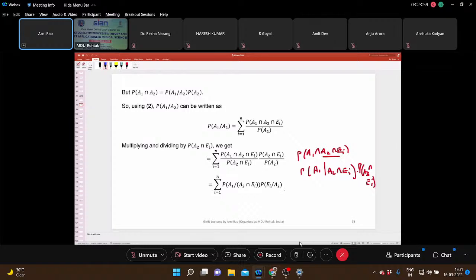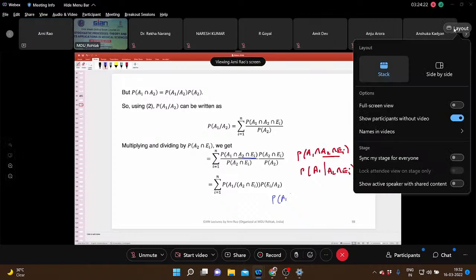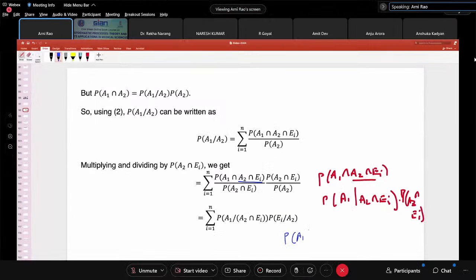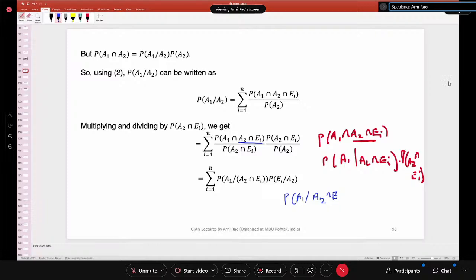At the first stage, you apply the probability of this piece together. That becomes the probability of A1 given A2 intersection EI, multiplied by the probability of A2 intersection EI.